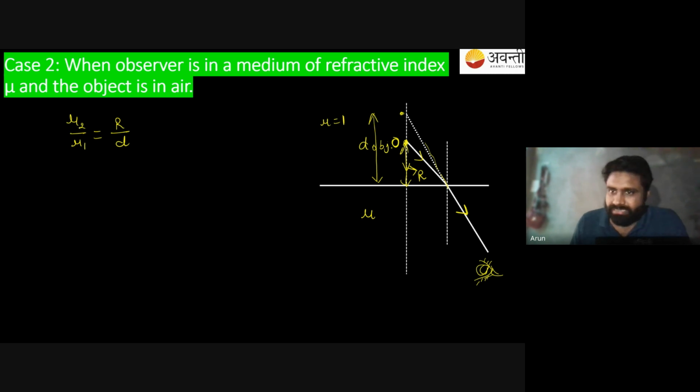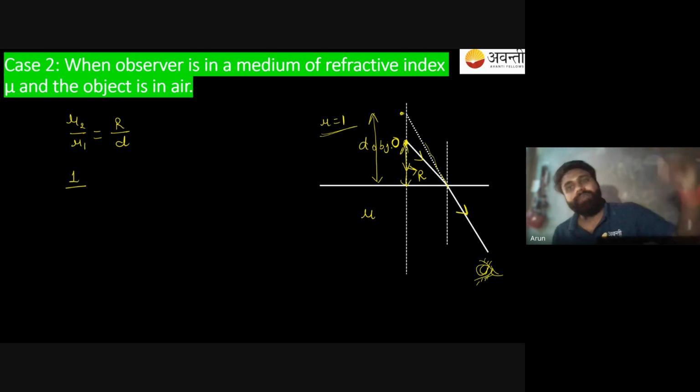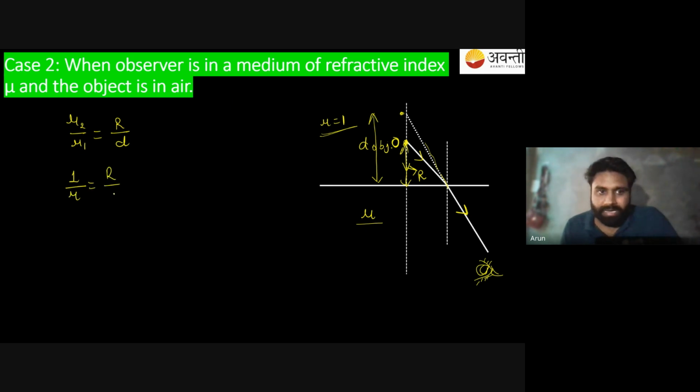So what is this mu2? Mu2 is nothing but from where the ray is coming. Ray is coming from the air, so we have to put the value of 1 divided by mu1, which is nothing but where the ray is going. So the ray is going to the observer, which is present in a medium of refractive index mu. So just put the mu here, r by d.